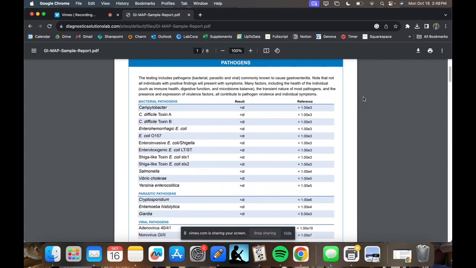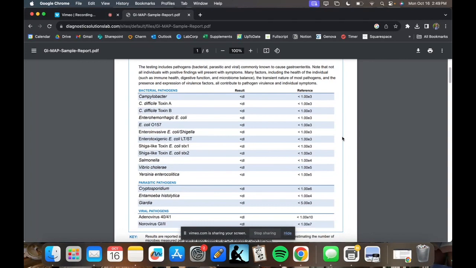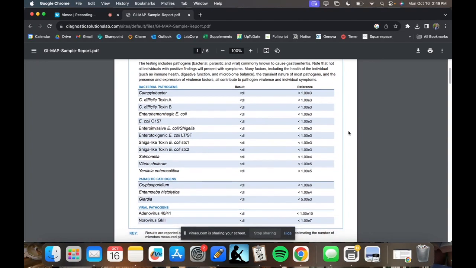In that case, you'll want to address the concern, or treat based on their digestive symptoms, and whatever comes back positive, like if they have C. diff or giardia or whatnot, you'll want to look up up-to-date guidelines for treatment and what is recommended based on their clinical symptoms and the results here. But in most cases for skin disease, I don't see this page come back as anything positive, but you want to take a look at it anyway.